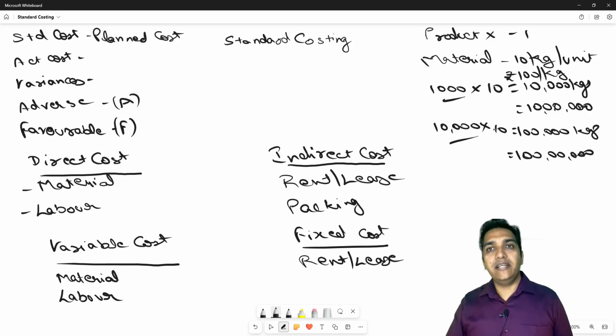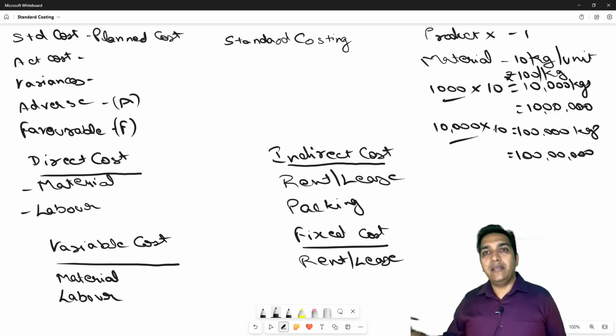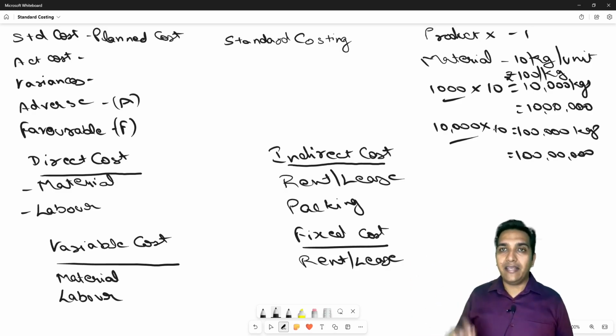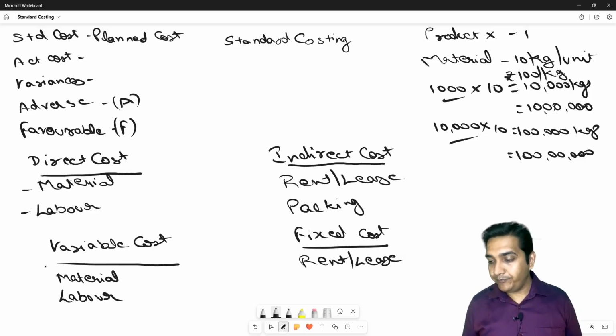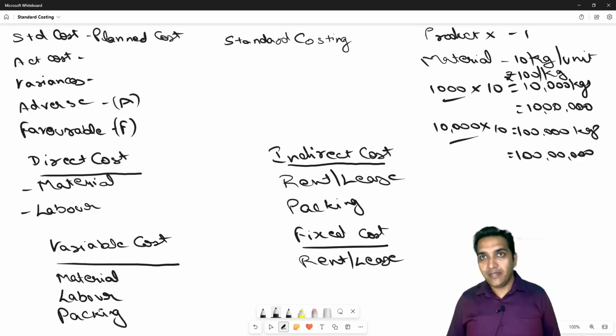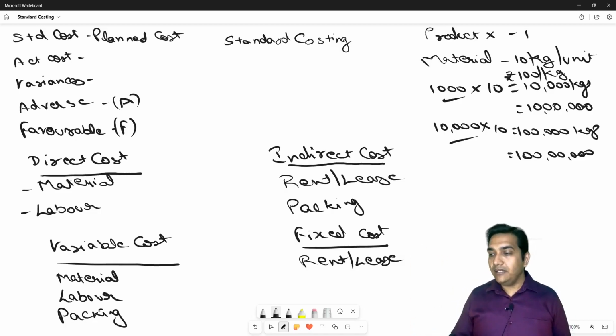If I am producing 10,000 units, my packing material or labor will be used only to the extent of 10,000 units. So packing again is a variable cost. Right? So these are the basic things which we have to remember while doing any costing problem actually.